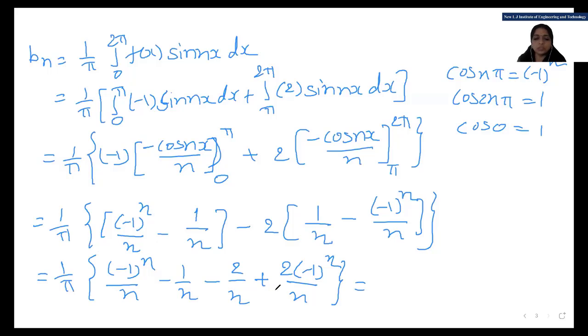So 1 plus 2, that is 3 minus 1 raised to n upon n, and this one is minus 3 upon n. So if I take 3 by n pi common, then in the bracket I have minus 1 raised to n minus 1. Okay. Do you have any doubt in the value of the Bn?